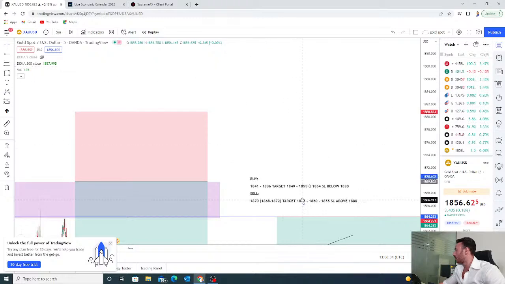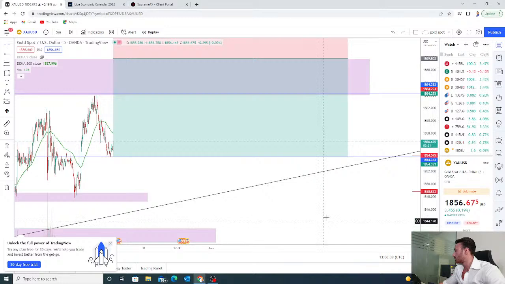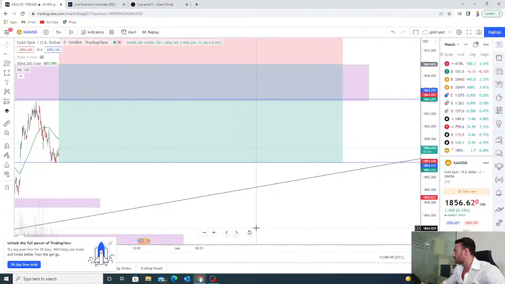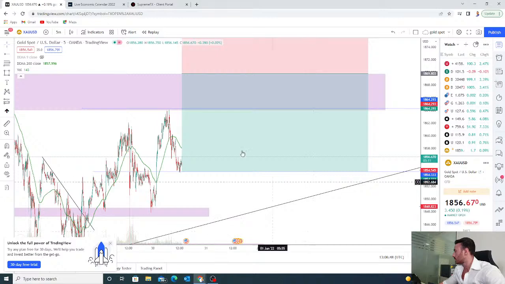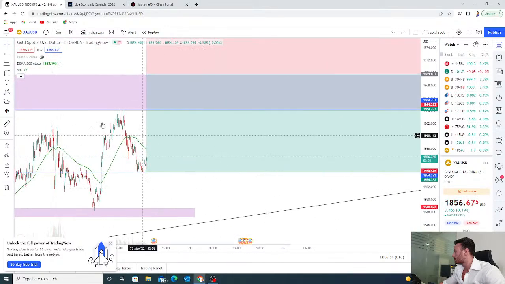Here are the calls. We'll bring them closer a bit. You can see exactly here, we see some support going on. And you can see this resistance area.